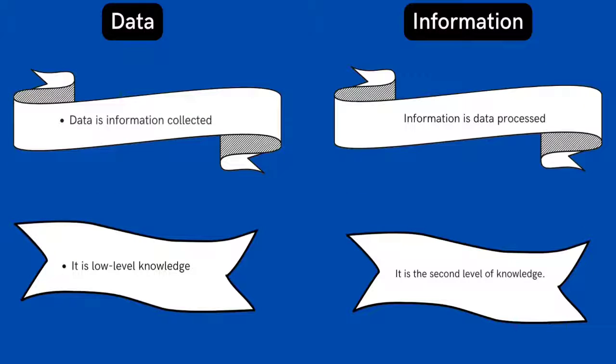Data is information collected, while information is the data processed. So, for example, we are making a thesis. We first collect data before it becomes information, because we cannot consider data as information since it is not yet confirmed if it is from a legitimate source.